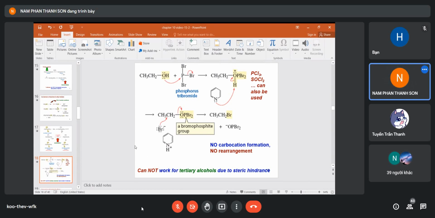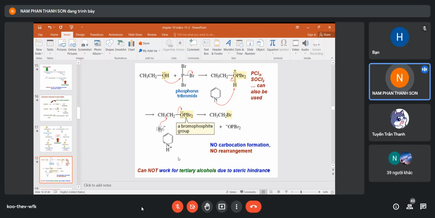So if you don't want to produce a cation, do not use the Brønsted acid catalyst. Instead, people use some Lewis acid reagents, such as PBr3, PCl3, PCl5, SOCl2. So we don't have carbocation here, so we don't have rearrangement.